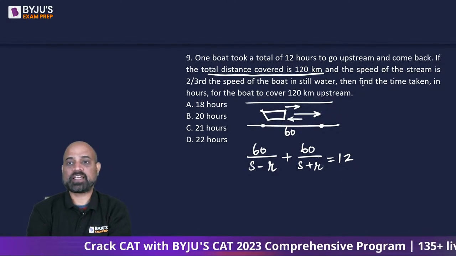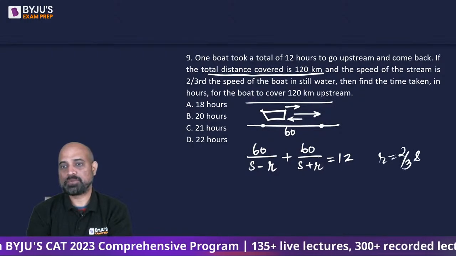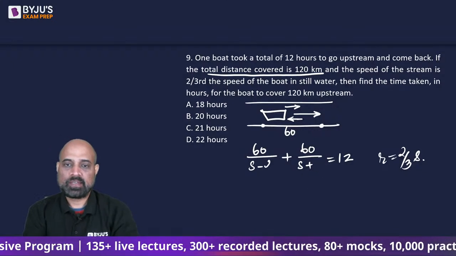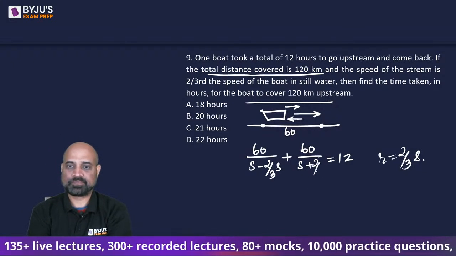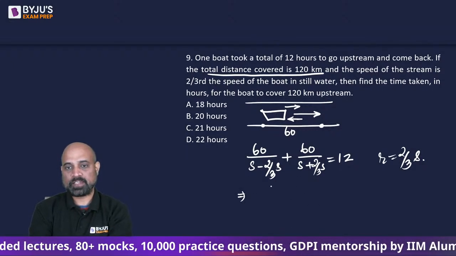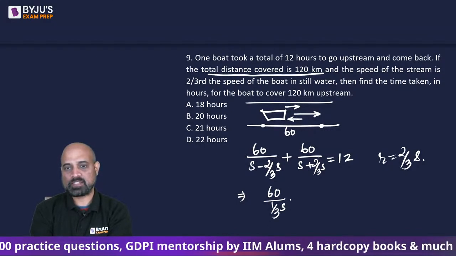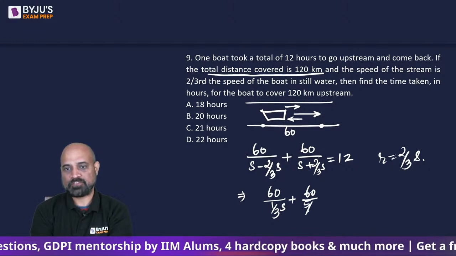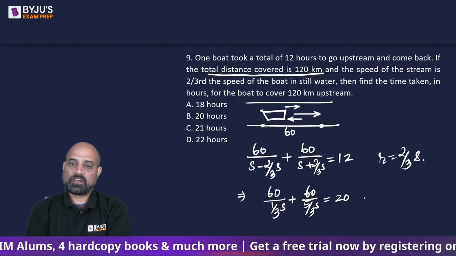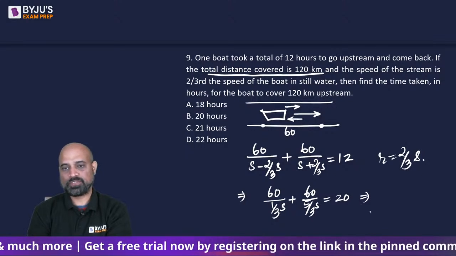Now it is also given that the speed of the stream, that is R, is 2/3 the speed of the boat. So R ki jagah, let's write 2/3 S. So if we rearrange this, we will get 60 by 1/3 of S plus 60 by 5/3 of S is equal to 12. We can take 3 above.